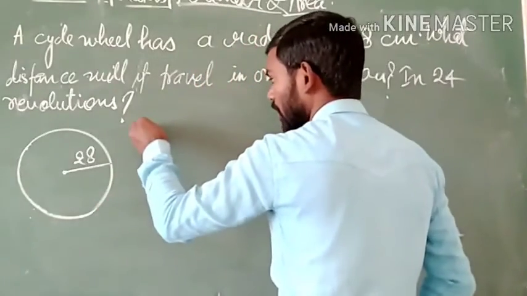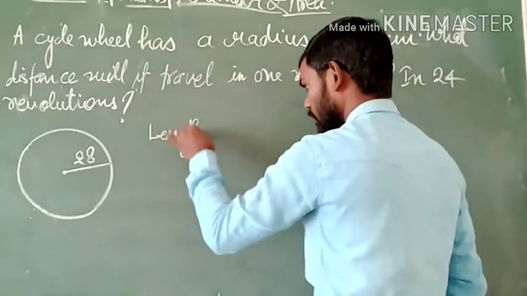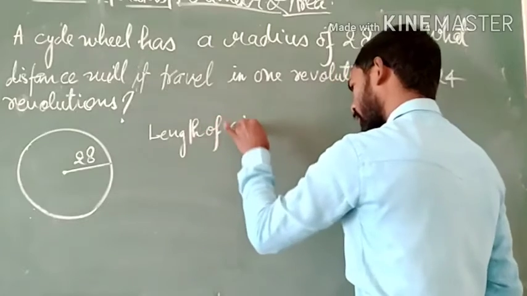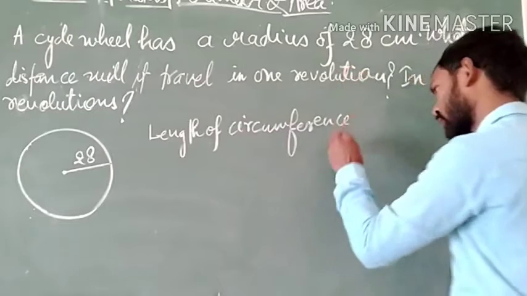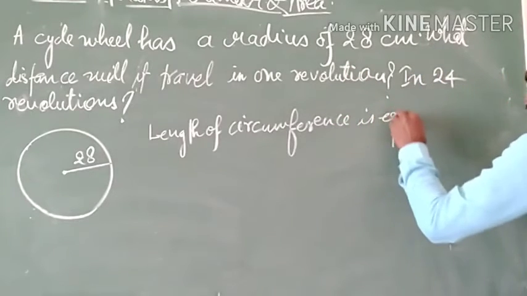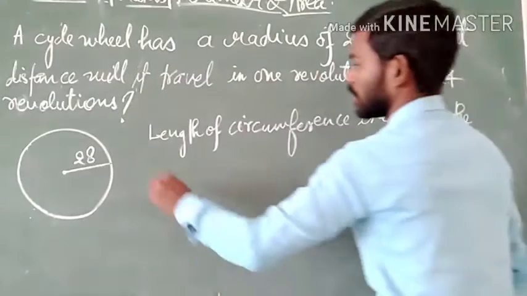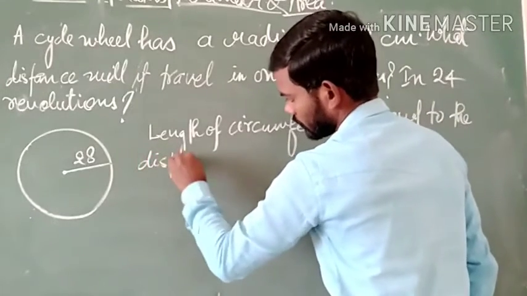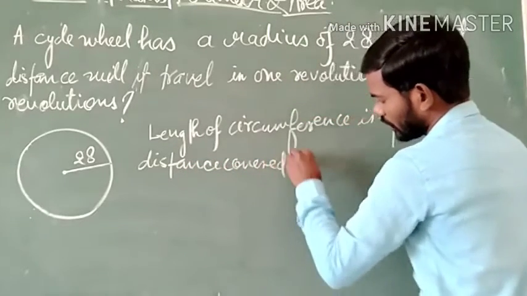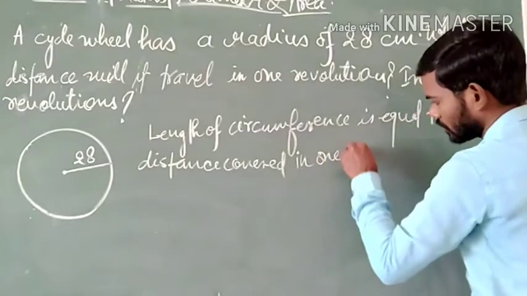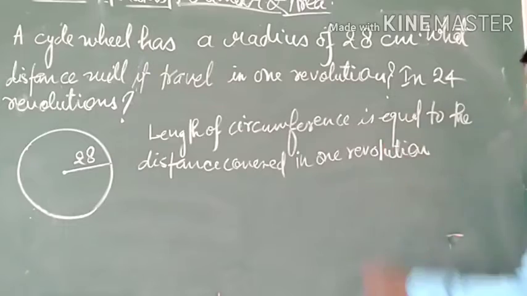So just remember, length of circumference is equal to the distance covered in one revolution.